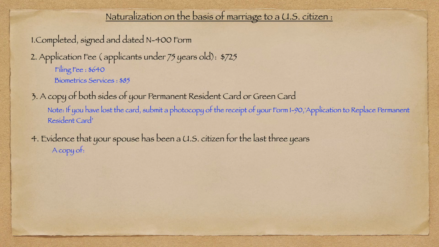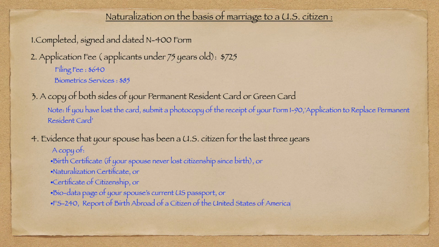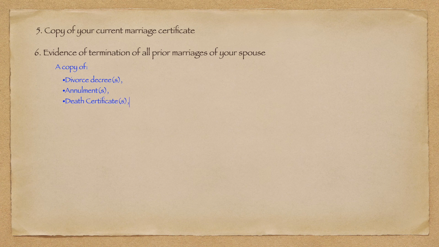So submit a copy of the birth certificate if your spouse has had citizenship since birth, or a naturalization certificate, or certificate of citizenship, or the biodata page of your spouse's current U.S. passport, or FS-240, report of birth abroad of a citizen of the United States of America. Next, your current marriage certificate. Next, evidence of termination of all prior marriages of your spouse, so a copy of the divorce decree, annulment, or death certificate.